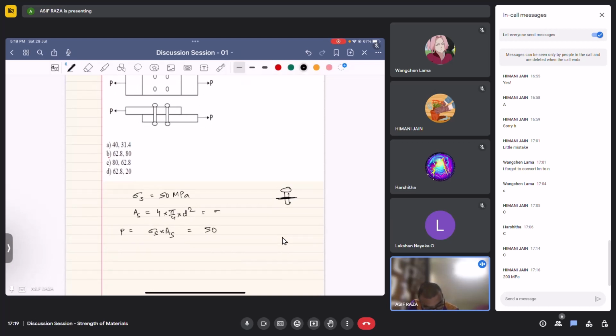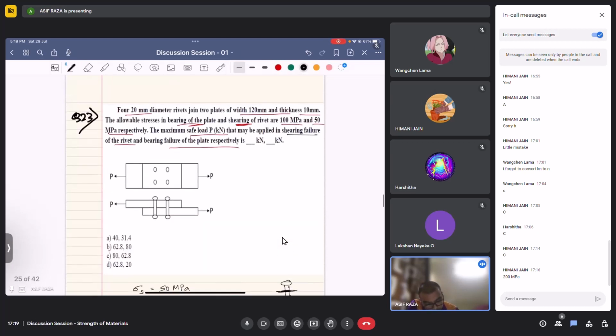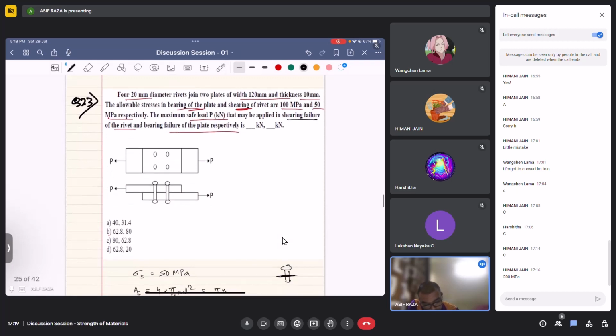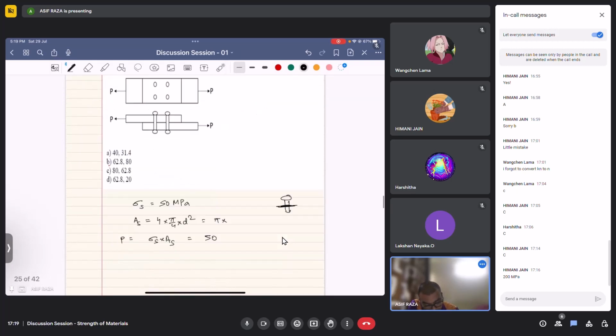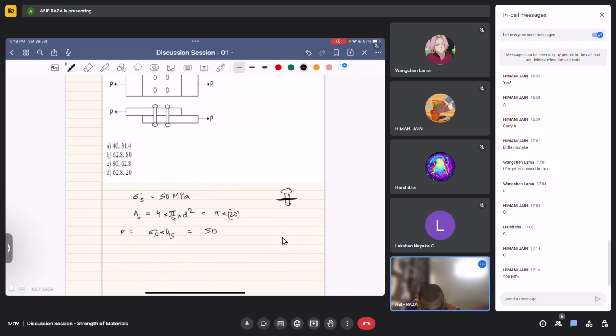Like I'll just substitute 50. What is the diameter? It is 20 mm diameter, so 20 square, in mm square. Now 50 times pi into 20 square, Newton per mm square times mm square, so the answer will be in Newton, right?